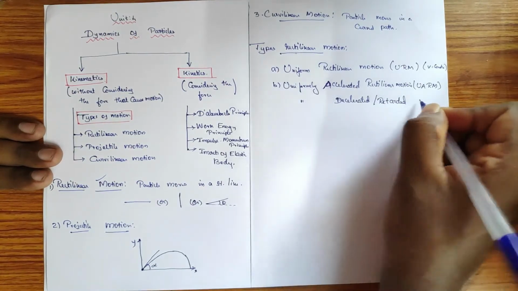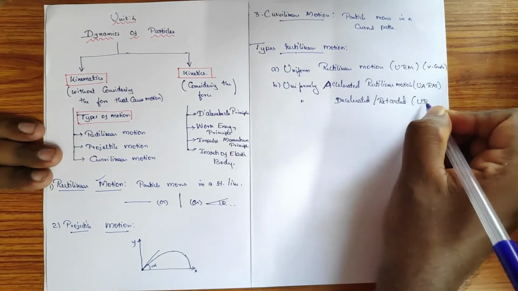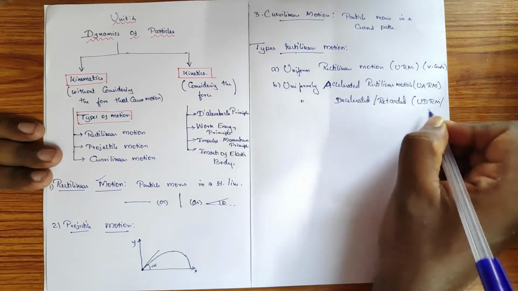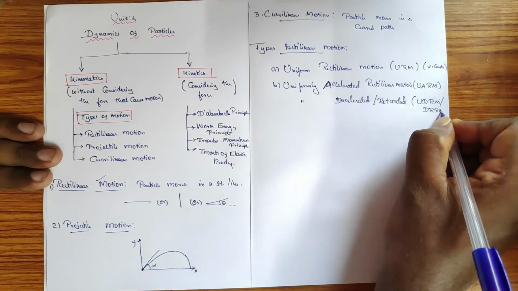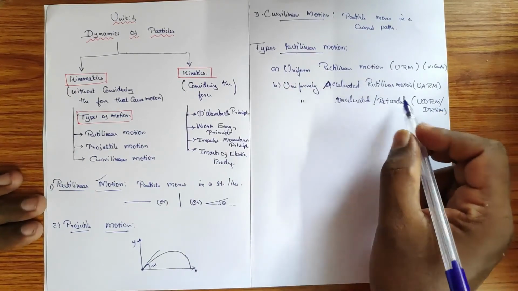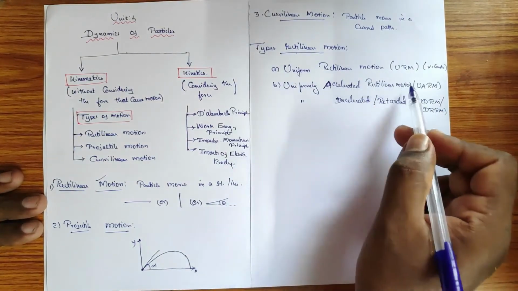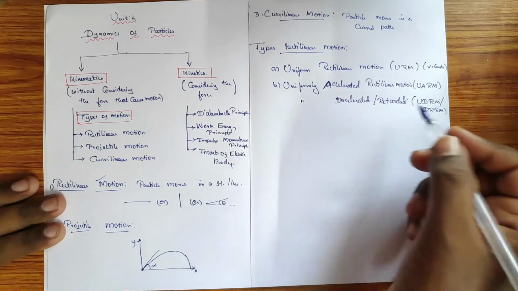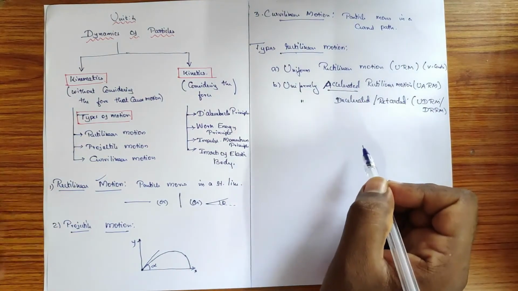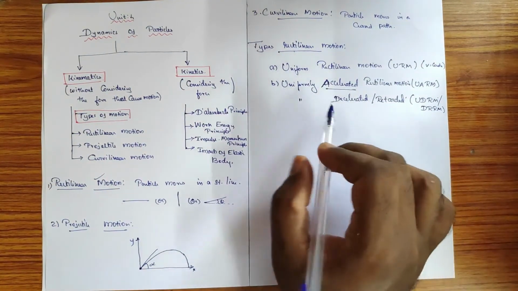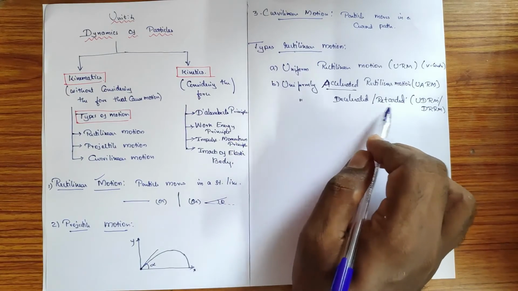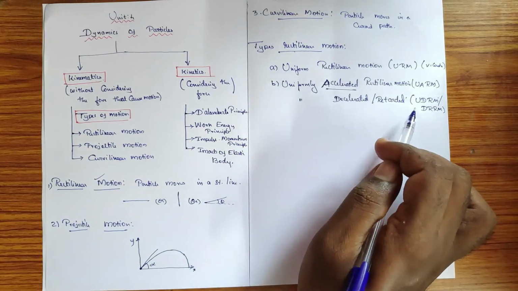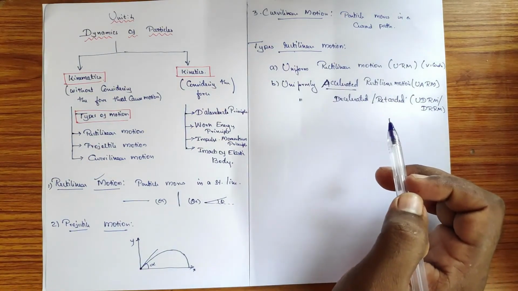Both have a similar meaning. In short, I can call it UDM or UAM. If a particle moves on a straight line with constant acceleration, the acceleration is a constant one. If the particle moves with constant deceleration or retardation, then we call it uniformly retarded rectilinear motion.